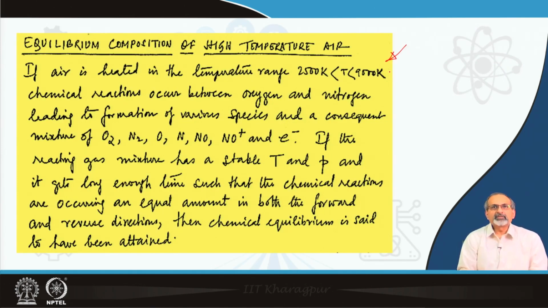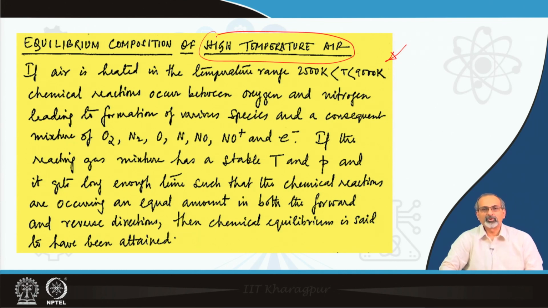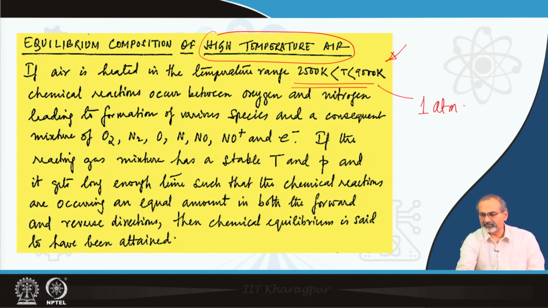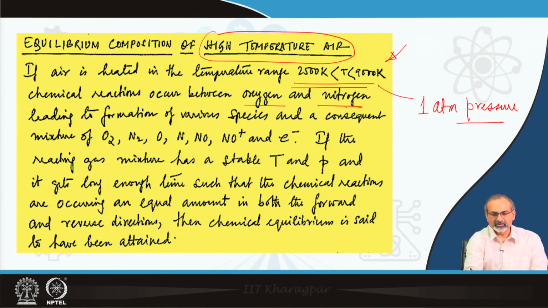Based on these principles, we can potentially think about obtaining the equilibrium composition of a high temperature gas mixture in general. In particular, we are interested in high temperature air in the domain of aerodynamics. So, if air is heated in this temperature range at 1 atm pressure, we find that chemical reactions occur between oxygen and nitrogen, leading to formation of various species.